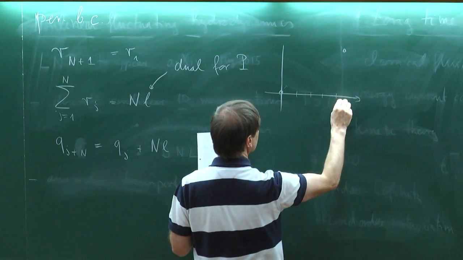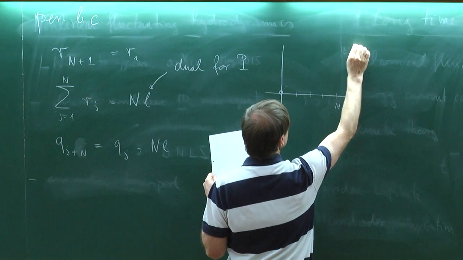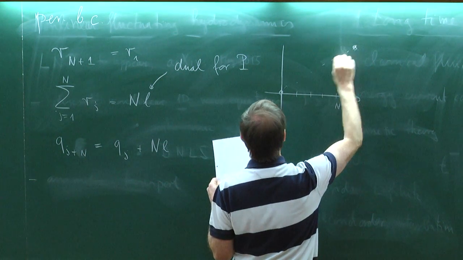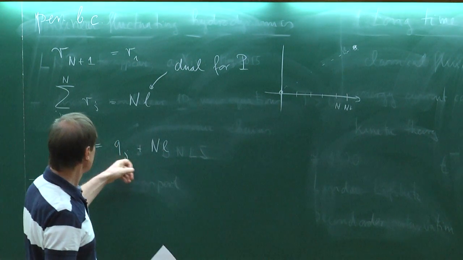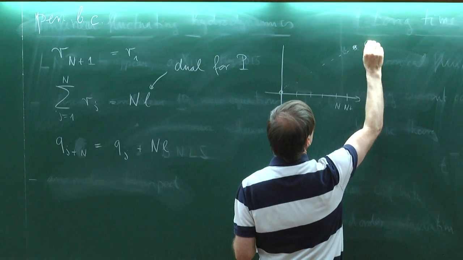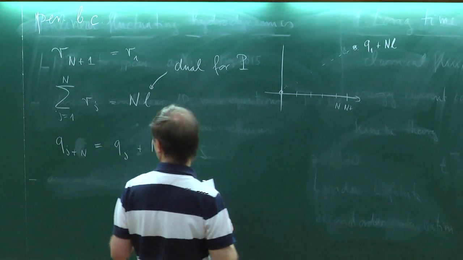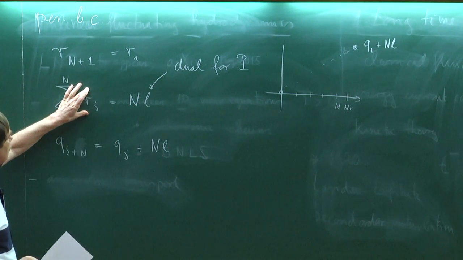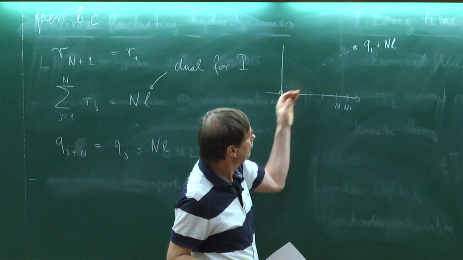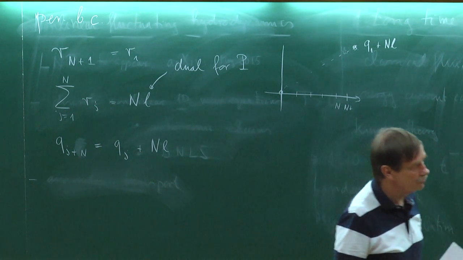Then there's n plus 1, with all of them in between, and this n plus 1 has to be equal to Q1 plus NL. So when I talk about periodic boundary conditions in the Rs, it just means that in terms of the Qs, I'm imposing such a type of slope. Yes, slope.